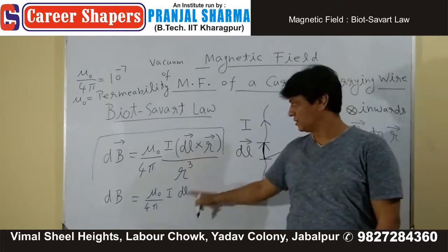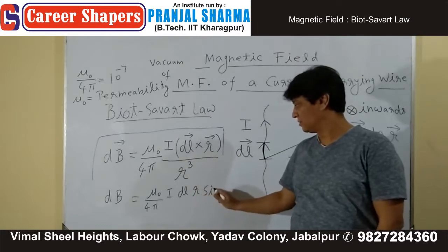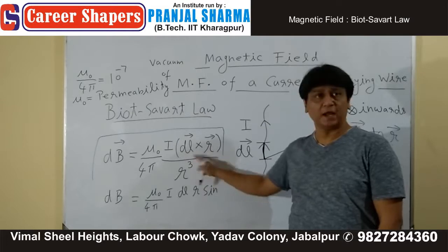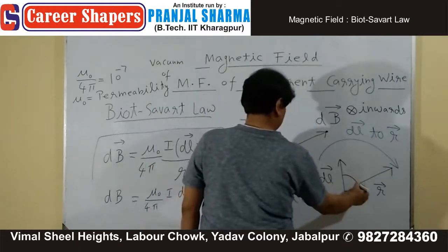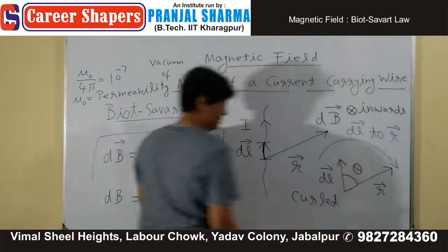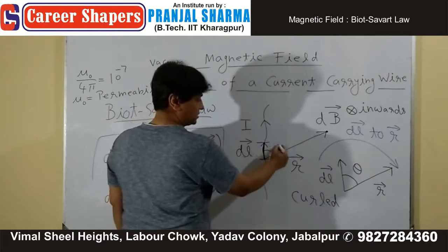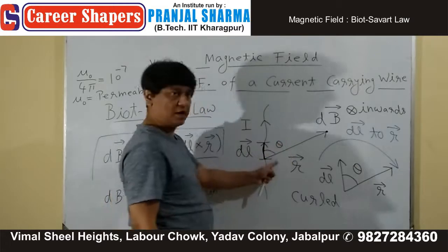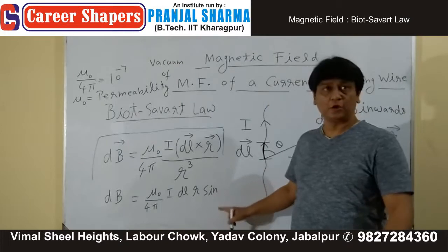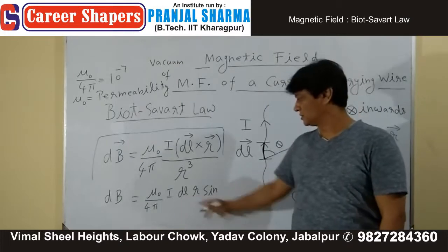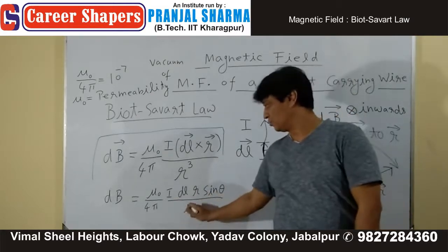Magnitude of first vector, magnitude of second vector, sine of angle between dl and r. So this angle between dl and r is theta. Sine, after sine, you need to have angle between these two vectors, divided by this r cube.